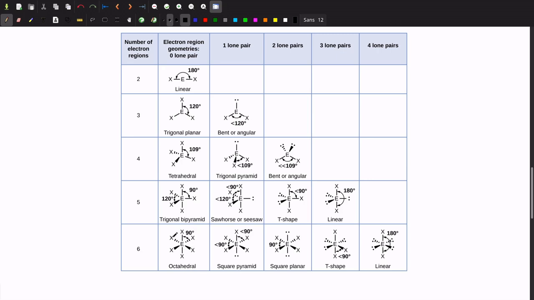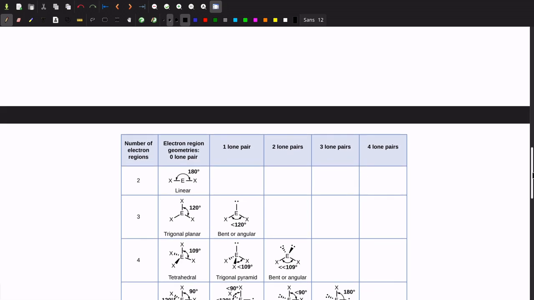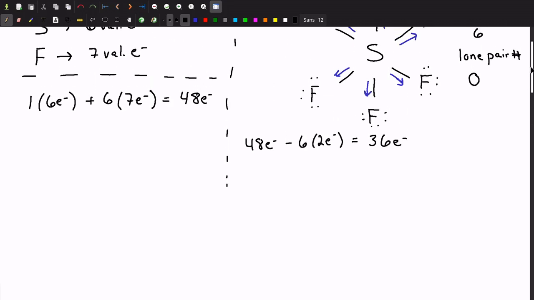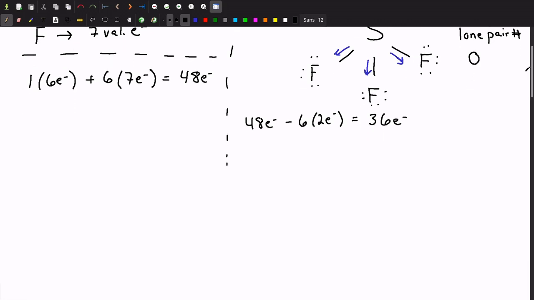So all I need to do is look at this image here and then translate that up there and interpret it for my case. So I have the central atom here, dashy, dashy, dashy, dashy, wedge, wedge, straight, straight. We'll come up here. And we need to interpret that for this.